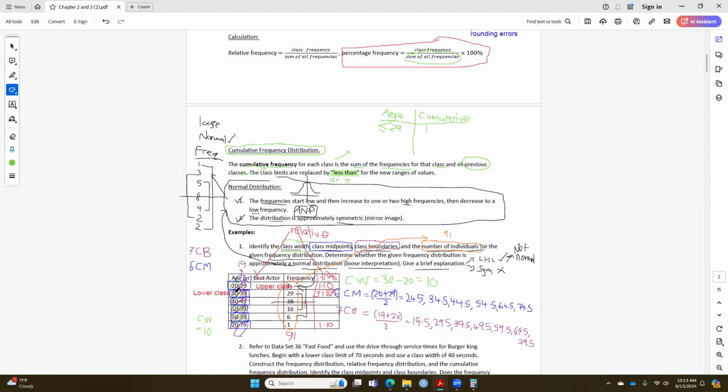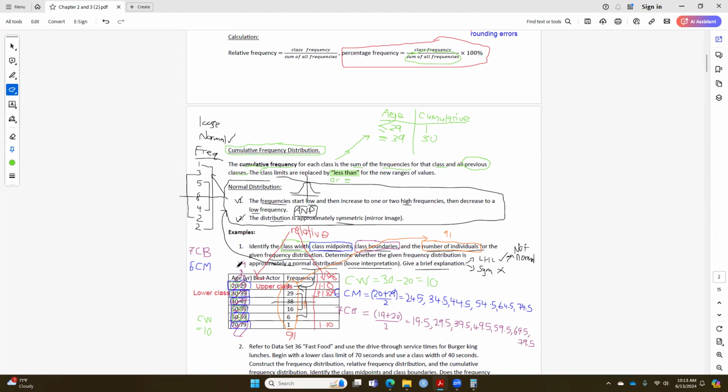For the second class, it is 30 to 39. So we will use less than or equal to 39. Now this time you can add. So you add the first class and the second class. So this is 1 plus 29, so it will be 30. What I'm doing here is called the cumulative frequency distribution.